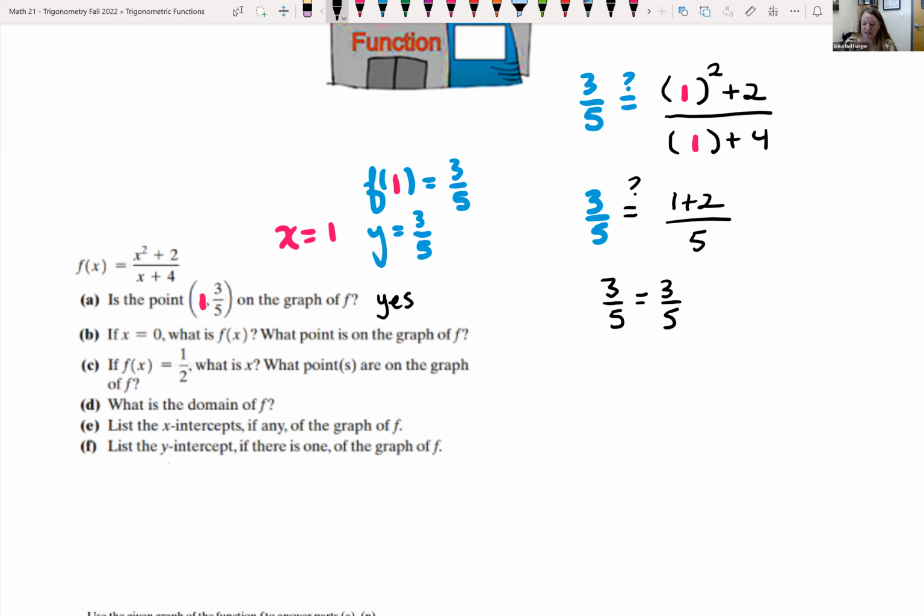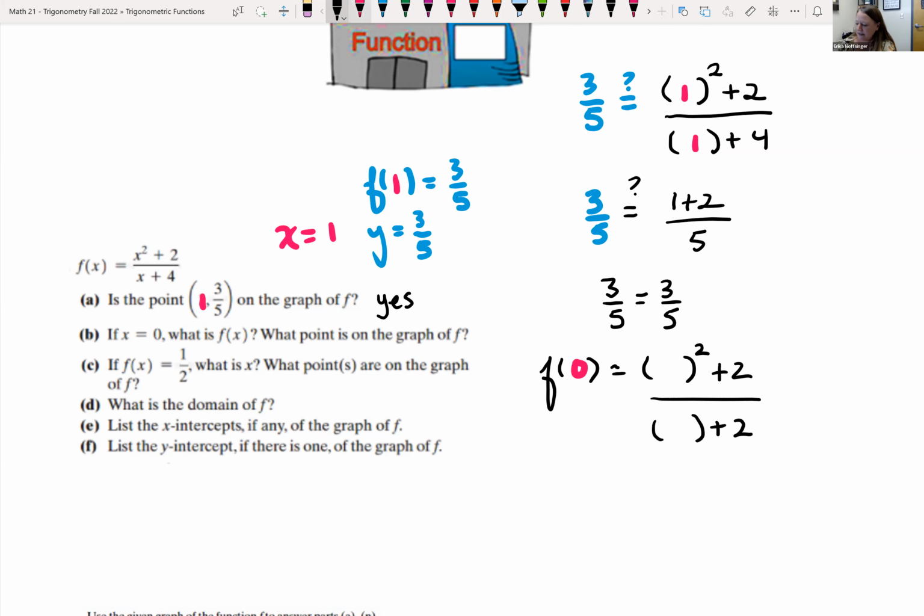So if x equals 0, what is f of x and what is the point on the graph of f? So if x is equal to 0, we want to plug in 0 wherever we see an x in our function. So again, let's go through and plug in a parentheses wherever we see an x and plug in that value wherever we had a parentheses.